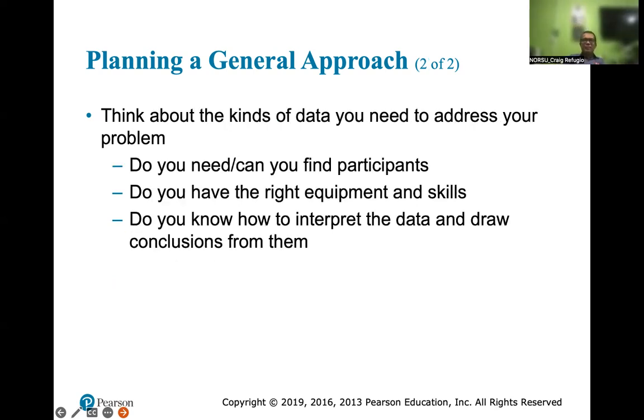Think about the kinds of data you need to address your problem. Do you need participants or can you find the participants? That is, at the planning stage, you must be able to identify if you can actually find the participants. Do you have the right equipment and skills? Do you have the different tools to be used?